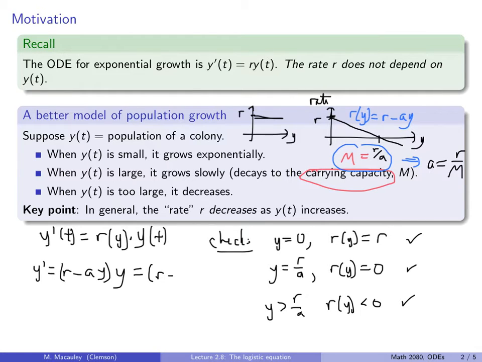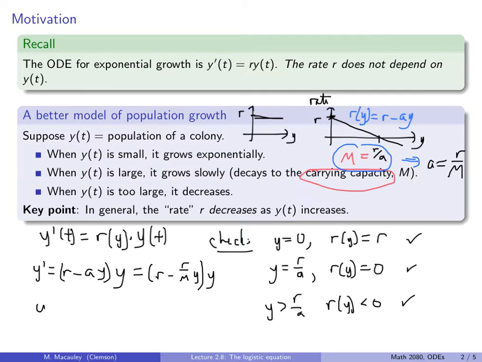r minus r over m y times y. Now let's factor out an r.